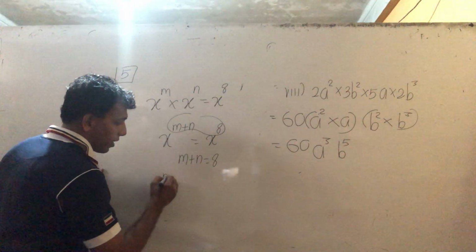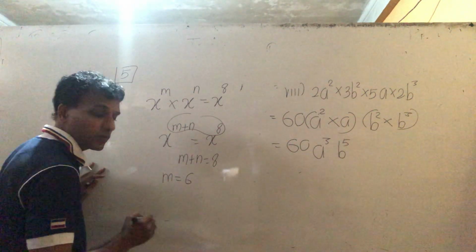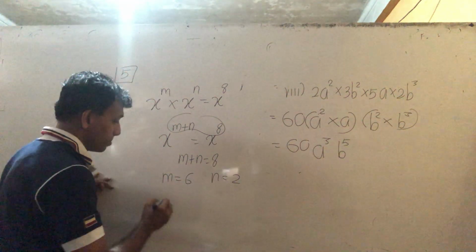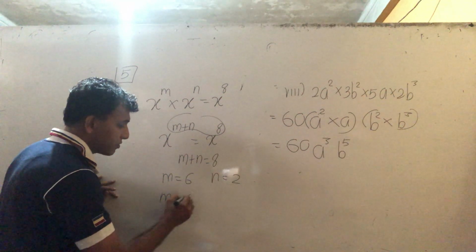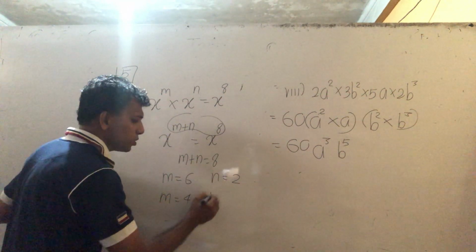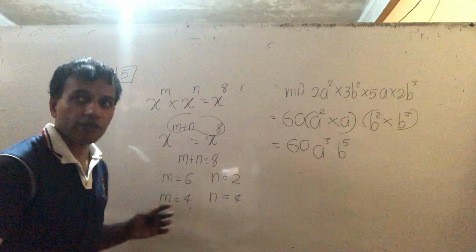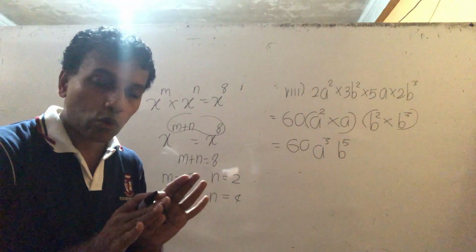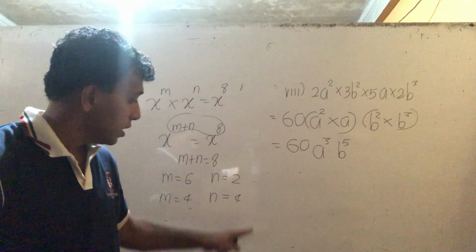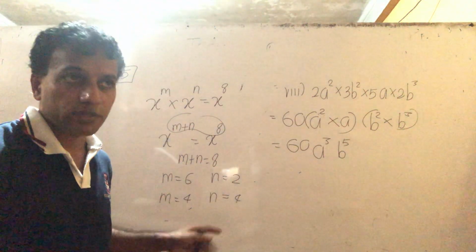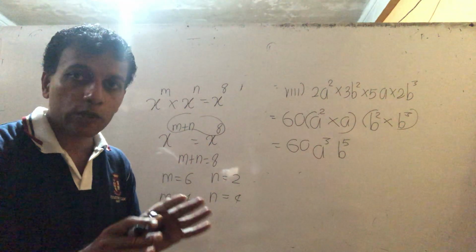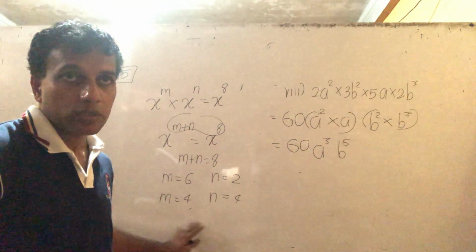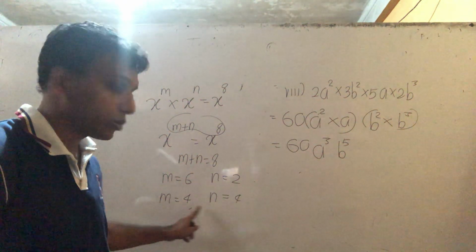So if m is 6, n is 2, 6 and 2, 8. M is 4, or maybe n also 4. 4 and 4, 8. Not only that, sometimes they say m and n are not equal numbers, two different numbers, then you can't take 4 and 4. If they say m and n are two different values, then you can't take both equal. Here I take both as same.